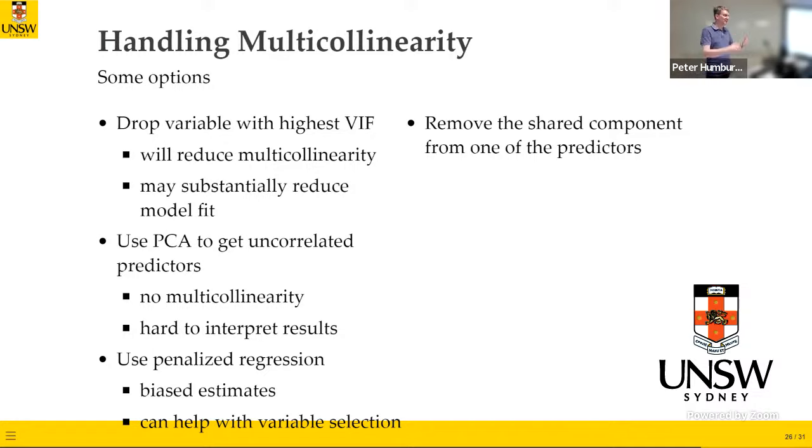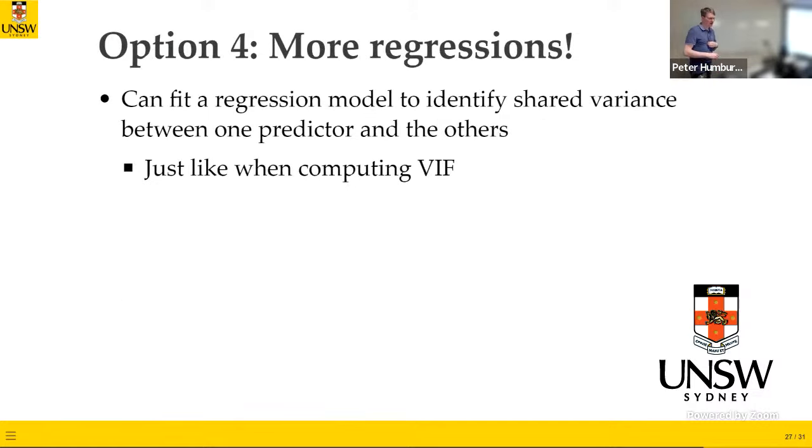Like, what if it's age? And so you could say, well, we can figure out how this variable relates to the other variables, right? Because we can fit a linear regression that captures this linear relationship that's causing us trouble. And that's, in fact, exactly what we do when computing the variance inflation factor.